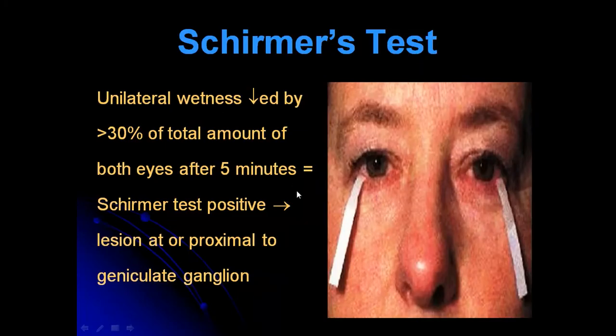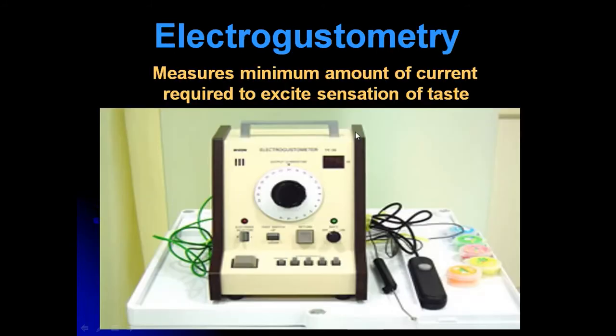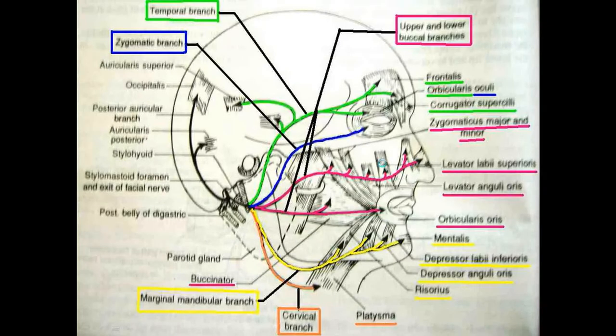Schirmer's test, as I already told you, you can read the details; in 5 minutes a difference of more than 30% suggests a lesion at the geniculate ganglion. Stapedial reflex involves the 7th and 8th cranial nerves and the superior olivary complex. The stapedial reflex is part of tympanometry, but you have to write about the reflex, not tympanometry. Electrogustometry tests taste. Muscle supplied, as you know, frontalis.